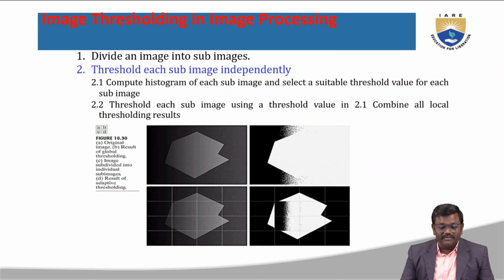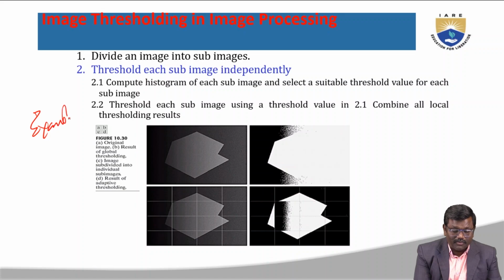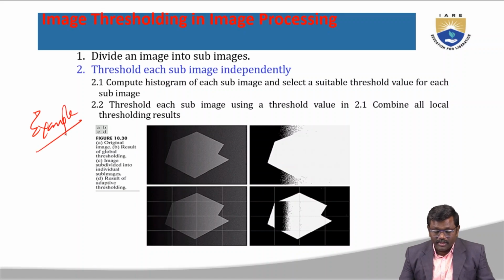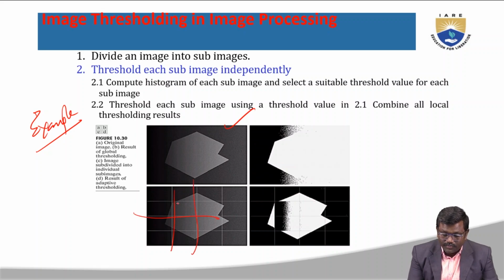Coming to the thresholding process, let us look in detail at another example. Here we are taking an image, and we subgroup it. These subgroups are compared one with the other.